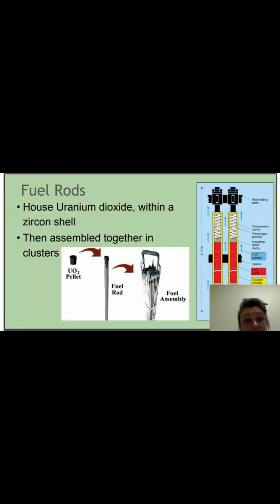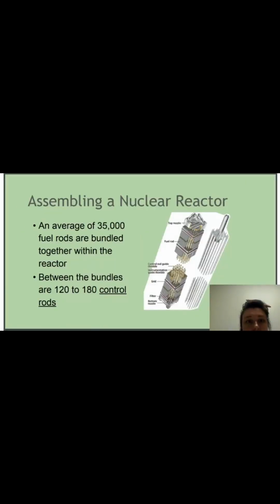Now, because of that, we need to be able to control this material, and that's where control rods come in. So here's first my little assemblage. I have my little pellet, and that gets loaded into my fuel rod, and my fuel rod gets loaded into my assemblage. My assemblage is then spliced up between different assemblies to blockade them into groupings.